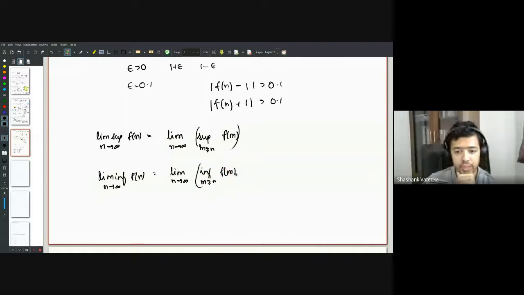Okay, and we'll see that these two are always well defined, and therefore for any sequence, even if it is convergent or divergent, these two quantities can always be defined.